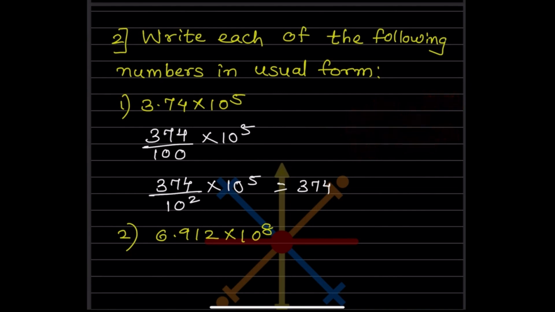So 10 raised to 3 means 1000, and we write 374 into 1000, which is 374000. This is the answer. So the usual form means we have to remove the decimal and solve.